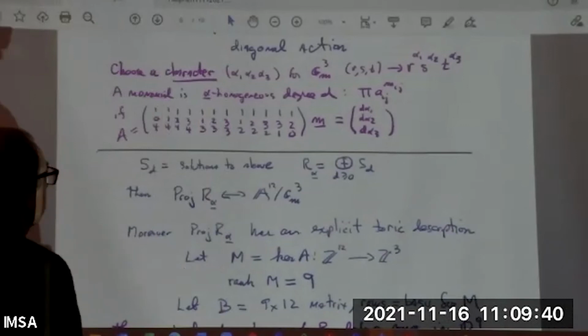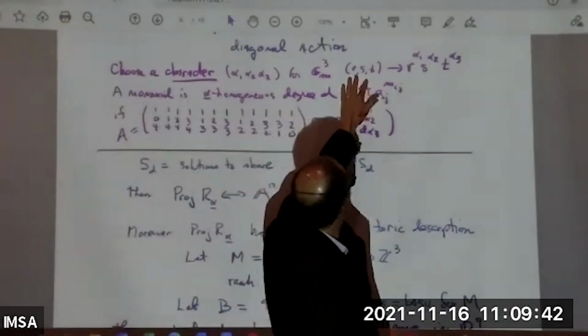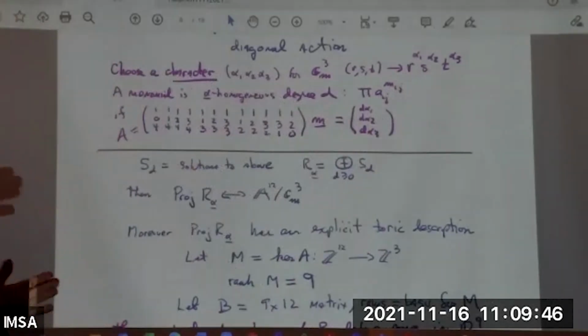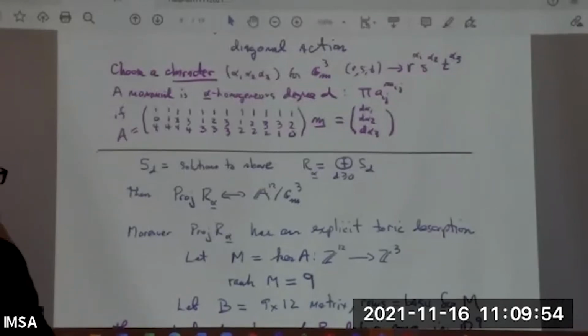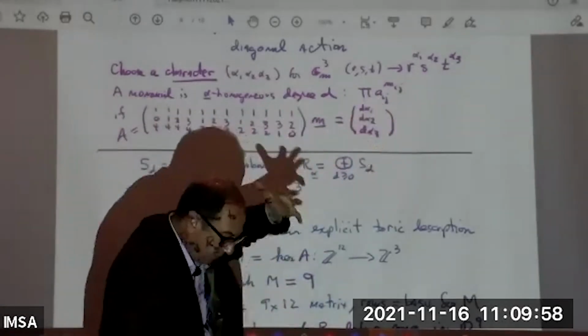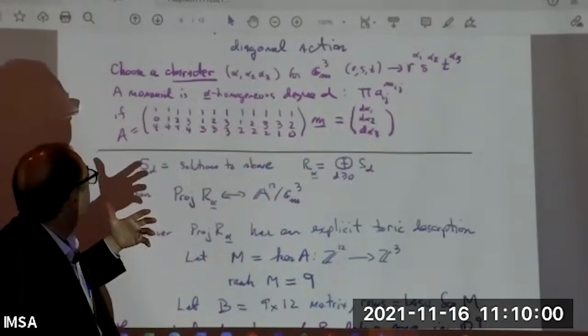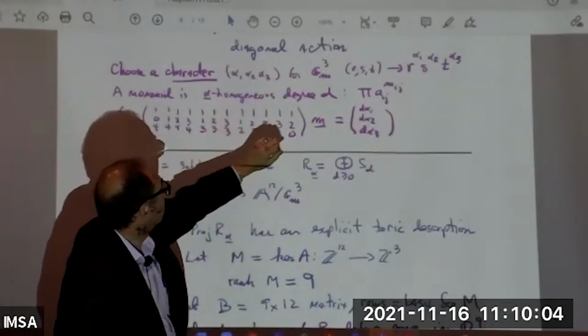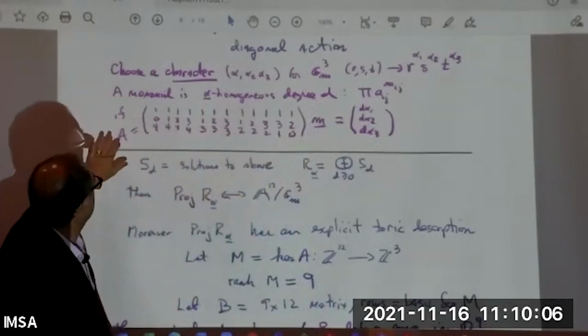So that's always of the form (r, s, t) goes to r to the alpha 1, s to the alpha 2, t to the alpha 3, for some triple of integers alpha 1, alpha 2, alpha 3. And then you call a monomial in your, so the a_ij are the coefficients, so those are the variables of the problem, you declare a monomial to be alpha homogeneous of degree d when it satisfies this equation.